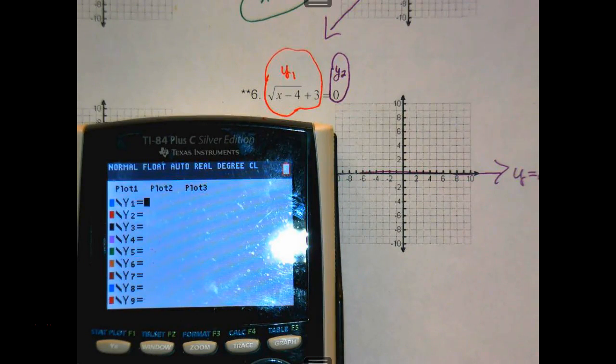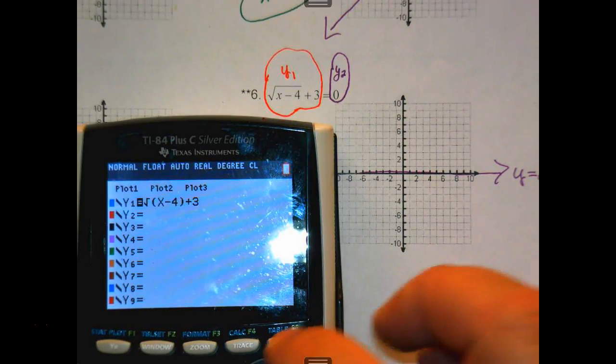I have the square root of x minus 4 inside the radical, and then outside the radical is our plus 3. Graph it.